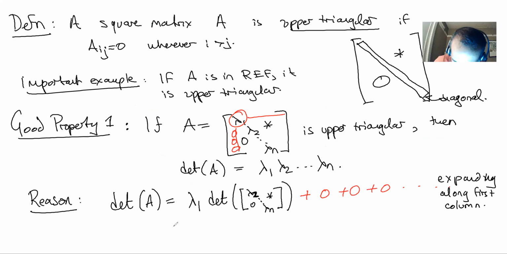Okay, but now I'm kind of happy, right? Because I can now apply the rule to this matrix, which is also upper triangular. And so now by the same reasoning, I get lambda 1, lambda 2 times the determinant of a yet smaller matrix.